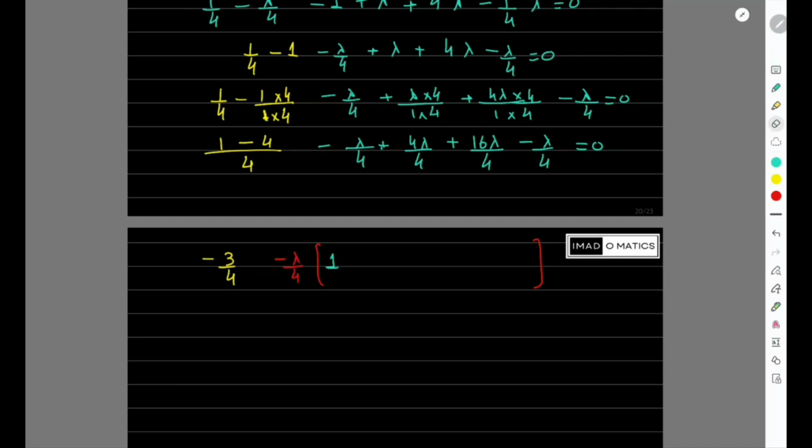The positive sign becomes negative and negative sign becomes positive as we are taking negative common. So minus 3 by 4 minus lambda by 4, here is minus 20 plus 2 is minus 18, is equal to 0.